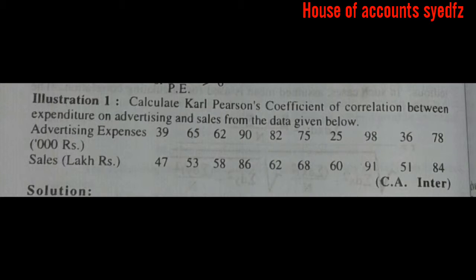It's a discrete series, individual only. For x: 39, 65, 62, 90, 82, 75, 25, 98, 36 and 78 are given, and sales are 47, 53, 58, 86, 62, 68, 60, 91, 51 and 84. Now we have to calculate the Karl Pearson coefficient of correlation.